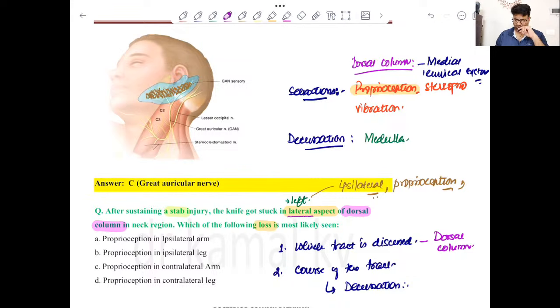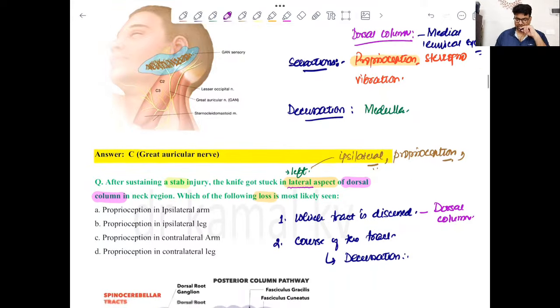Very good, Varun, because the lateral part has the fasciculus cuneatus, which takes the sensory modalities from the upper limb. The gracilis, which is most medial, takes the sensory modalities from the lower limb.